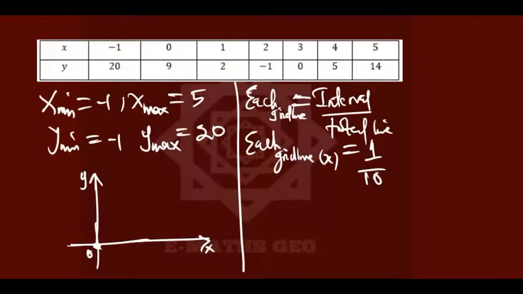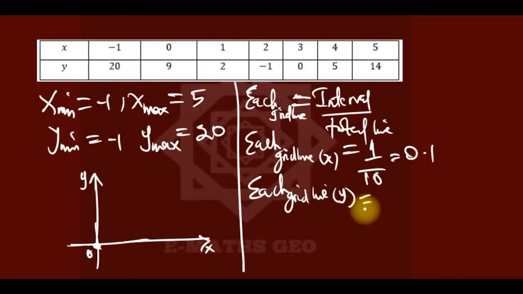So each of the small grid lines will be 0.1. And for the y-axis, we are moving 10 units, and we have a total of 15 grid lines. So this is 0.67, that's 0.667. So each of them is that.